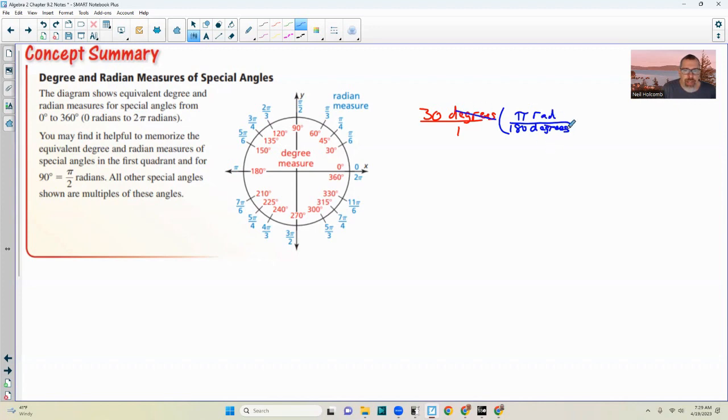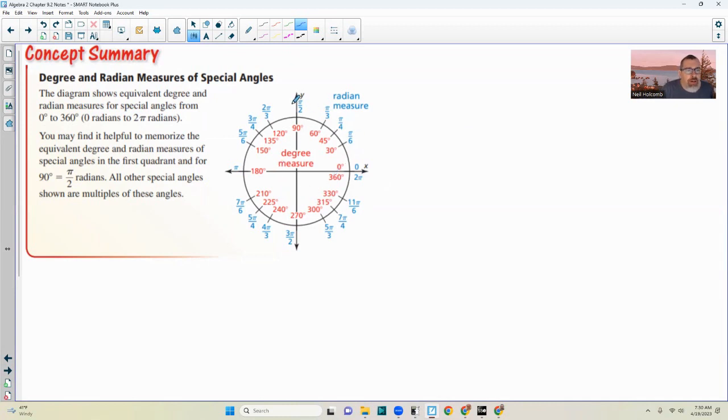So the degrees cancel. 30 goes into 180 6 times, and therefore you get pi over 6 radians. That's where these come from. It's really not that difficult. Hopefully you get your head around that, and maybe practice these to see if you get these values.